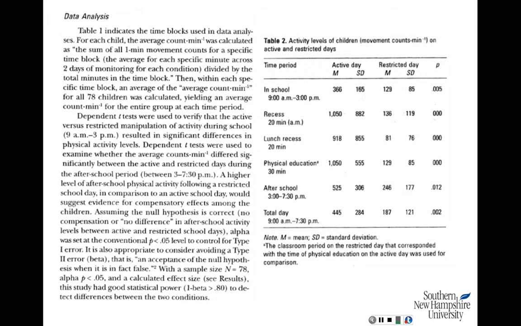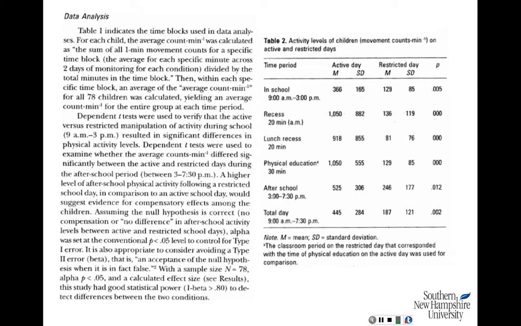And so, for example, during the school day, 9 a.m. to 3 p.m., on the active day, the kids had 366 movement counts, plus or minus 165, which is the standard deviation. That's on the active day. On the restricted day, they had 129 movement counts, plus or minus 85. And the last column gives you the p-value, the level of statistical significance.